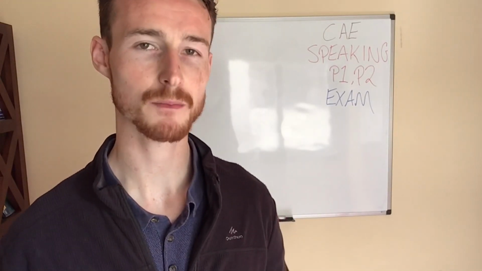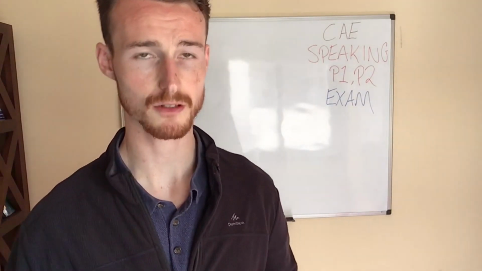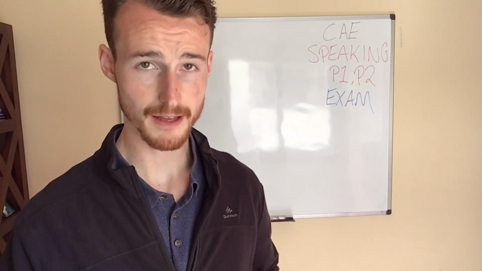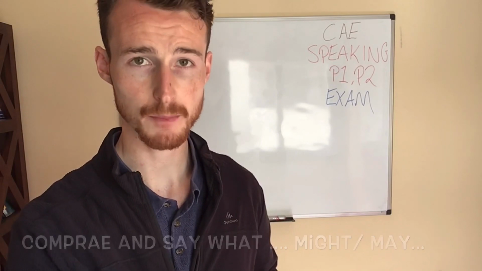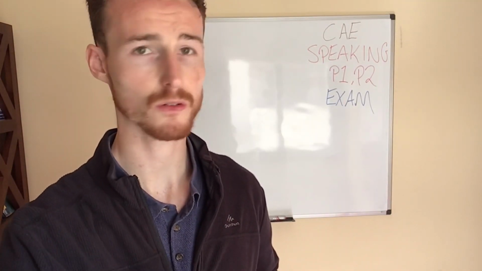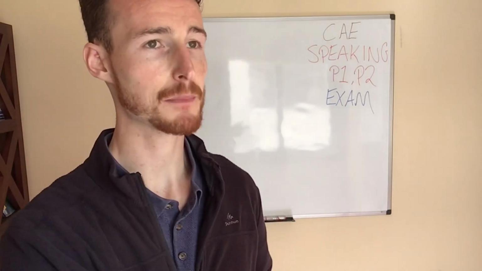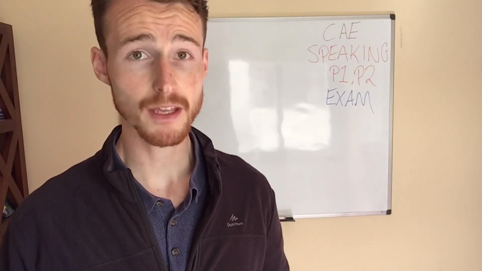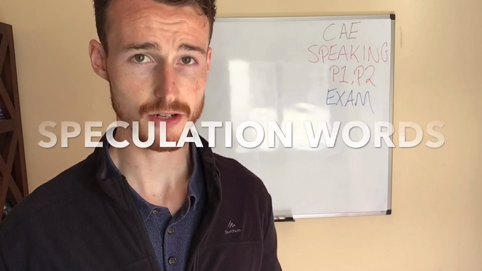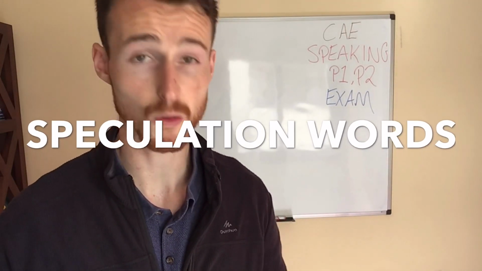The question would be something like, I would like you to choose 2 pictures, compare and say why the people might or may be doing something in this situation. So these words, may or might, are called speculation or modal verbs really.